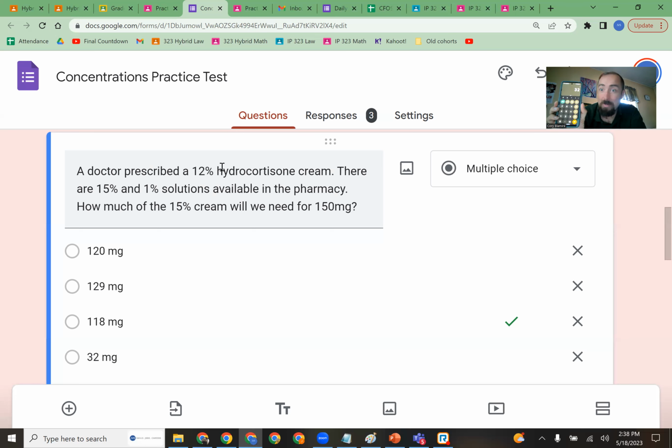And then exactly how many milligrams of drug does that give us? So 32 milligrams of the weaker cream, the 1%. So take that 1% expressed as a decimal, 0.01. So there's 0.32 milligrams of hydrocortisone in 32 milligrams of the lower strength, the weaker 1% solution.